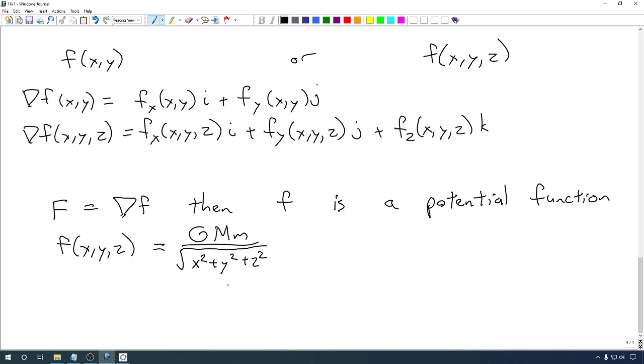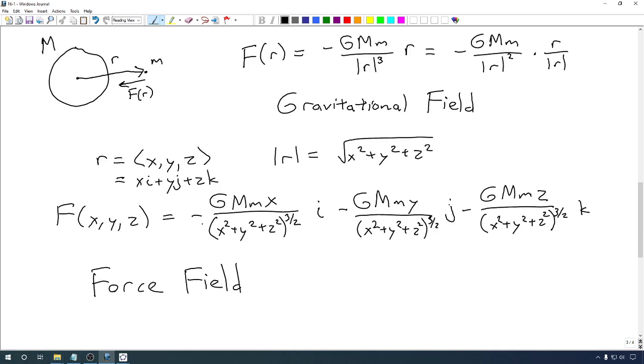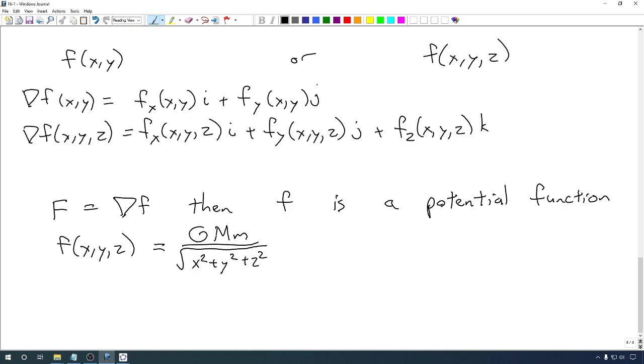If we differentiate that with respect to x, we actually get this here. And then, of course, the same thing happens for y and z. So this is a potential function for gravity, or a gravitational field.